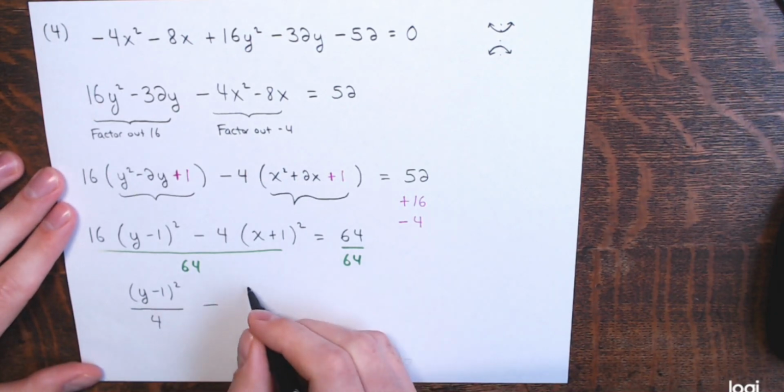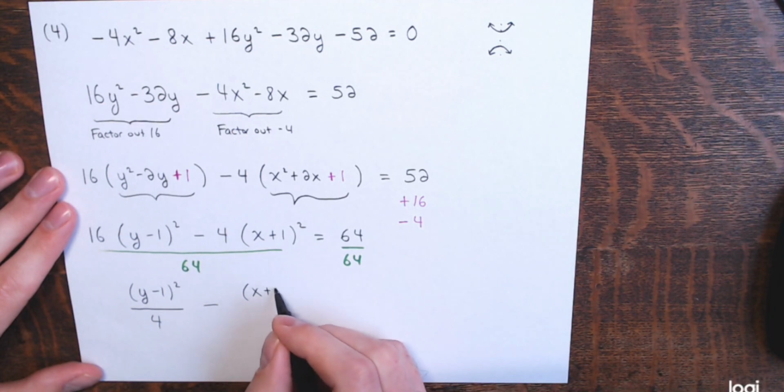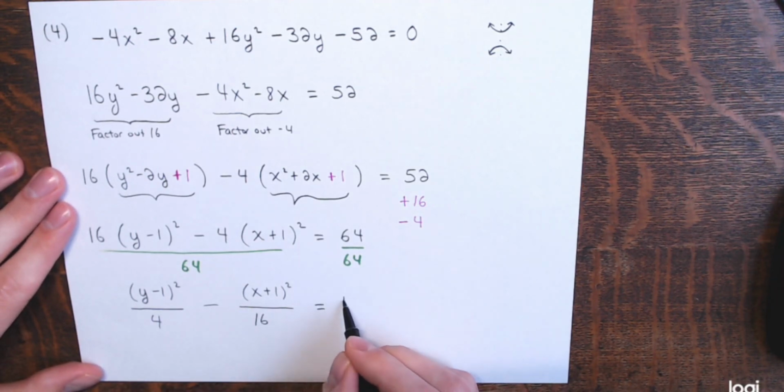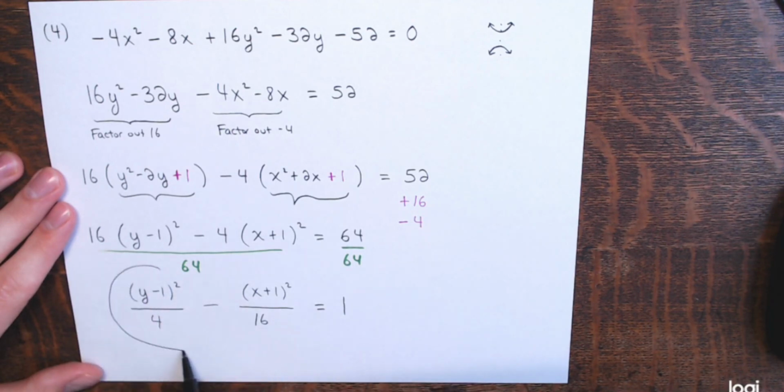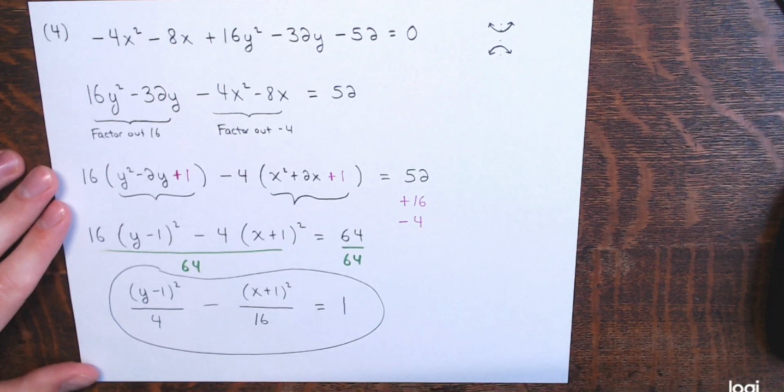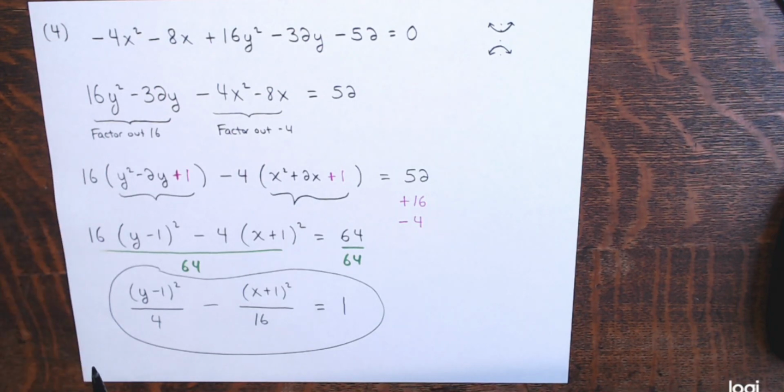Minus, and then here we have the quantity x plus 1 squared, and then 4 goes into 64 16 times, and equals 1. And here we go. This is the same exact equation that I started with in standard form. And now I'm going to go about graphing it.